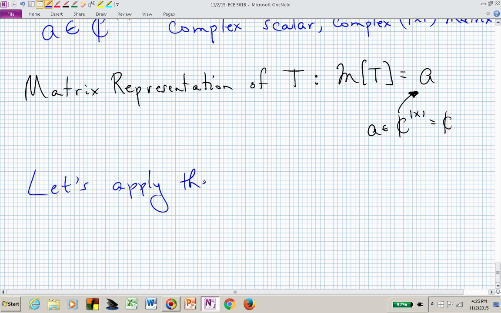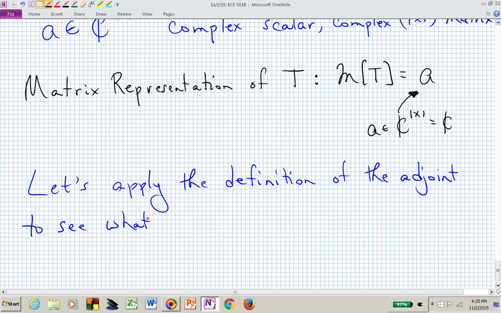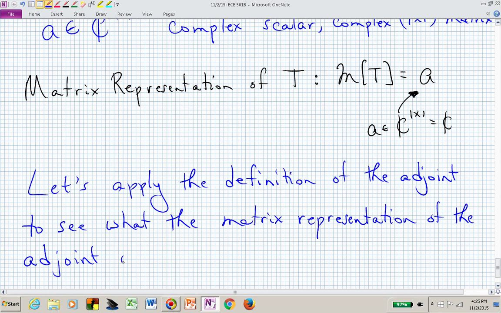Let's apply the definition of the adjoint to see what the matrix representation of the adjoint of this 1-by-1 matrix looks like.